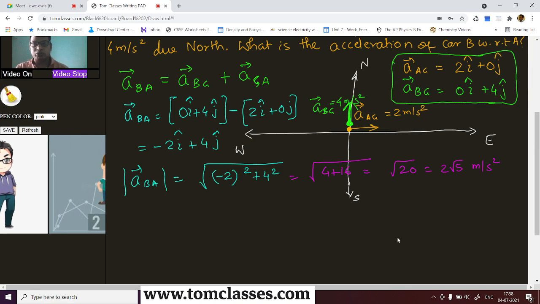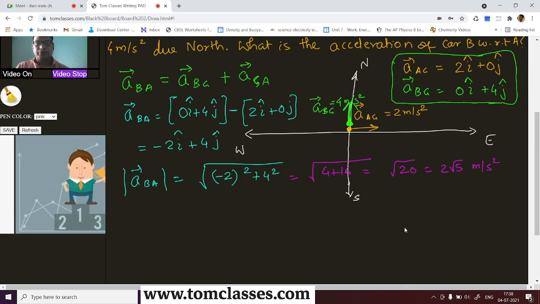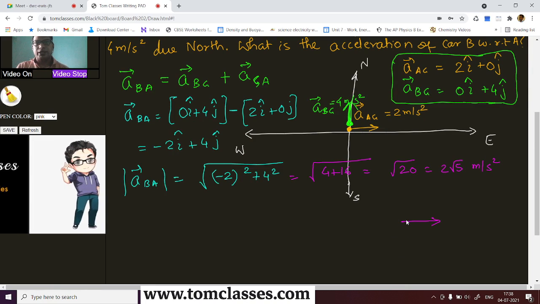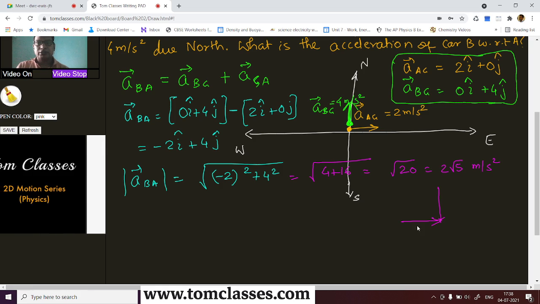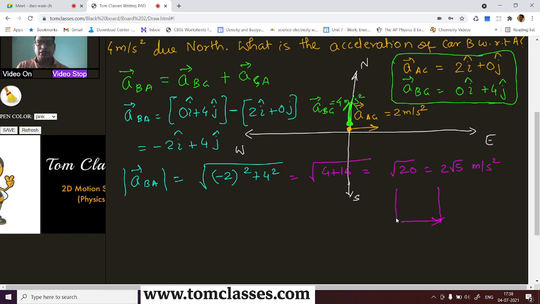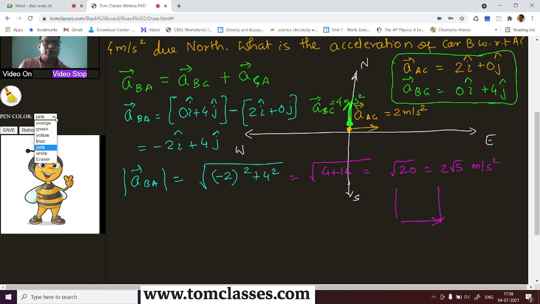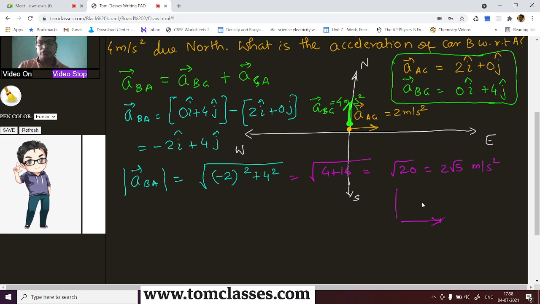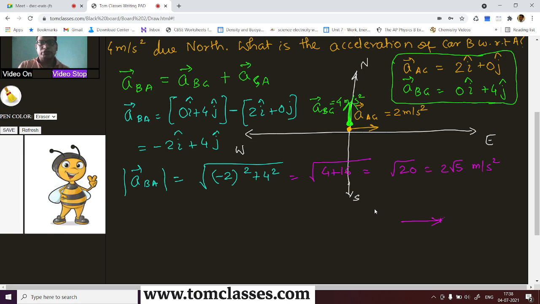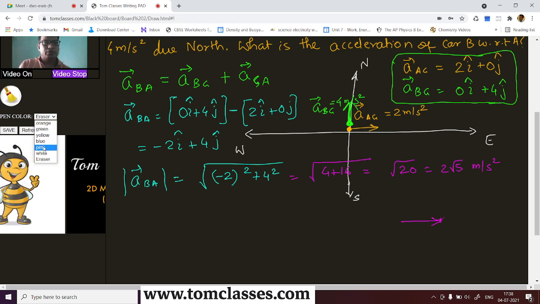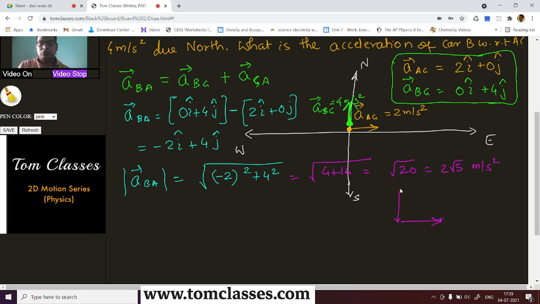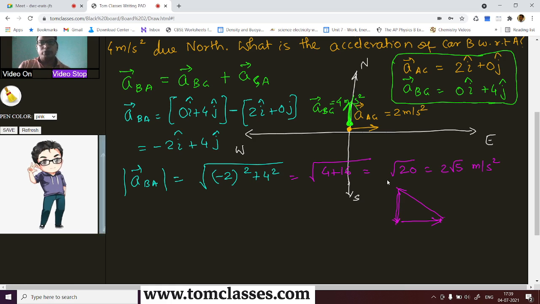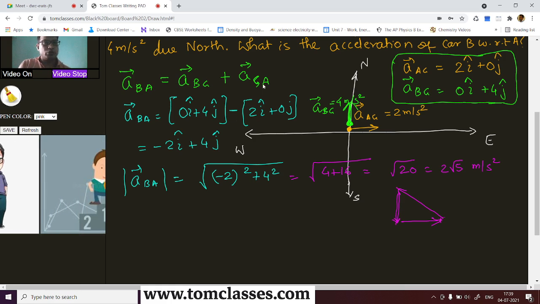You can also see that the two vectors are perpendicular to each other. So you can say this is a vector like this, and then there is a vector like this, with respect to ground. Ground is common. So the direction of that component is ground with respect to A that we are considering.